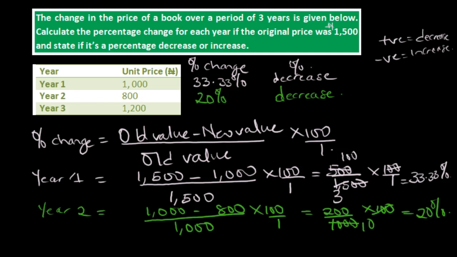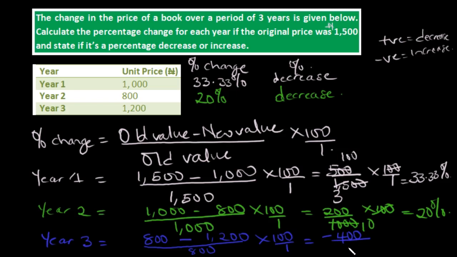So now we move to the third year. Year 3. Our old value now is 800, and the new value is 1,200. All over the old value, 800, multiplied by 100 over 1. And here we're going to have 800 minus 1,200 is minus 400 because 1,200 is greater than 800. All over 800 multiplied by 100. 400 goes here 1. 400 goes in 800 in 2 places.